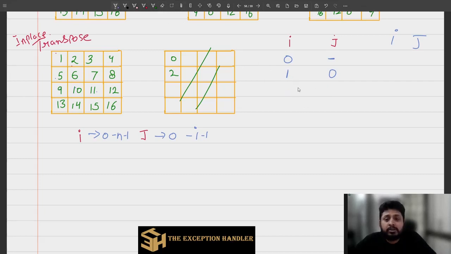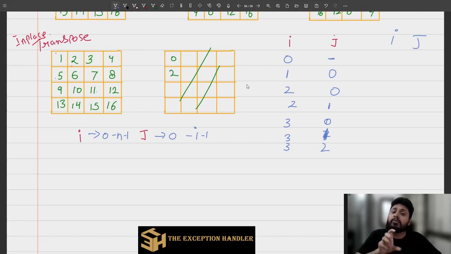For i equal to 2, my j would be 0, and again j can be 1. For i equal to 3, j is 0, 1 and 2. So this is how it will be. So this is my j.